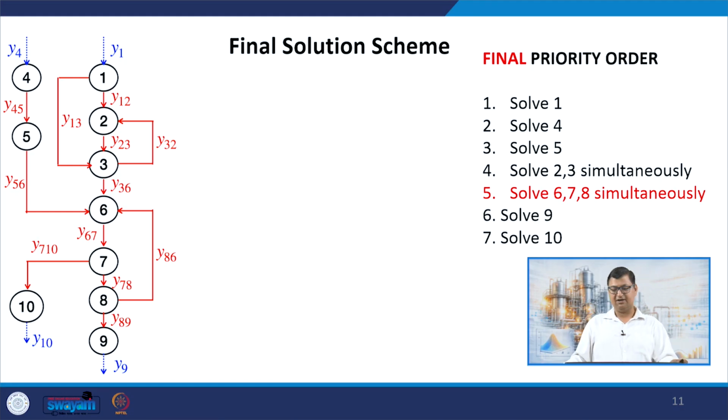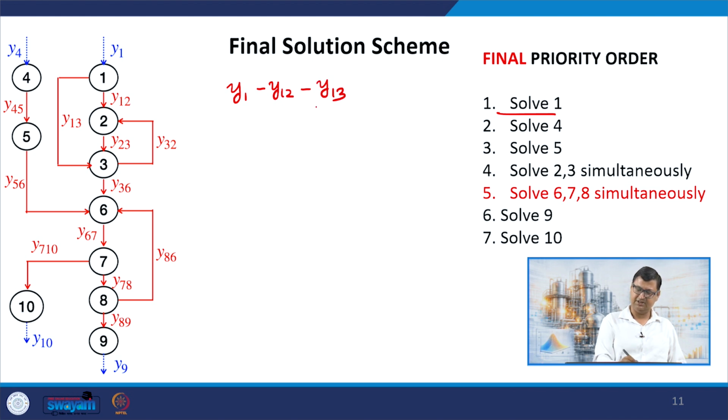So, this is my final solution scheme as we have seen, and we can see it in practice. For example, how do I solve 1? I will have the balance of 1. So, y1 minus y12 minus y13 is equal to 0. Clearly it also depends on, as I said in the very beginning, what is being specified, and it also tells me what should be specified, because I want to solve the balance of 1 first.